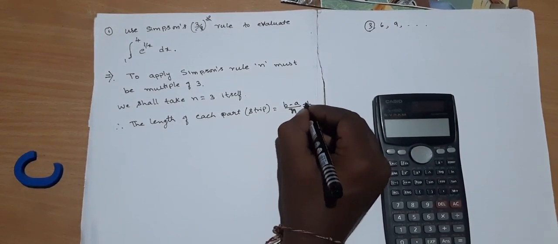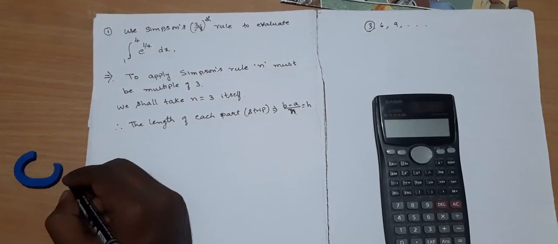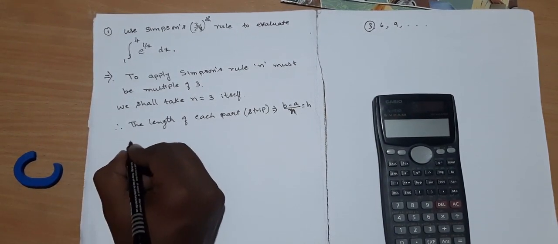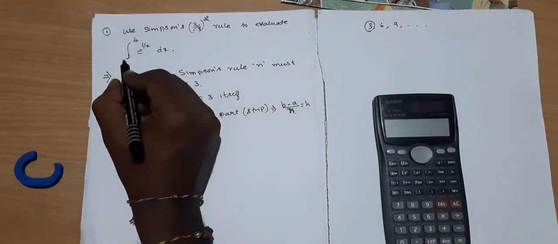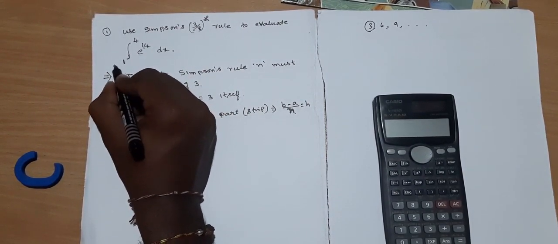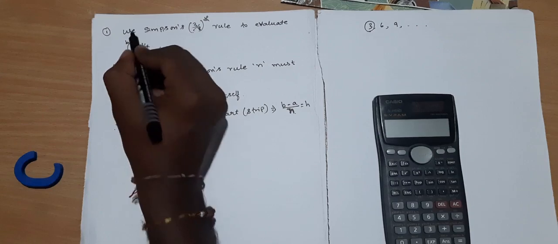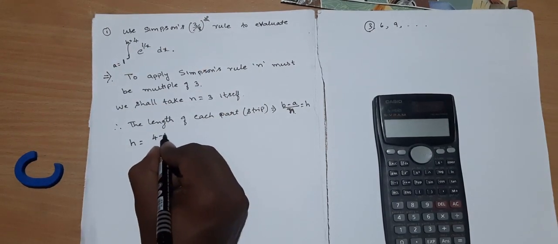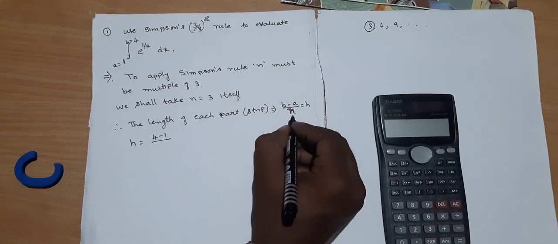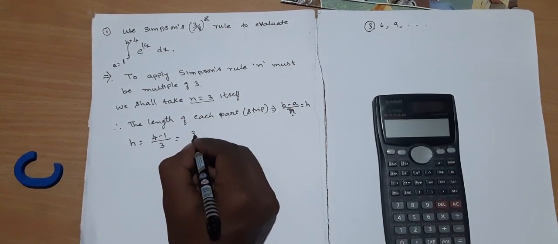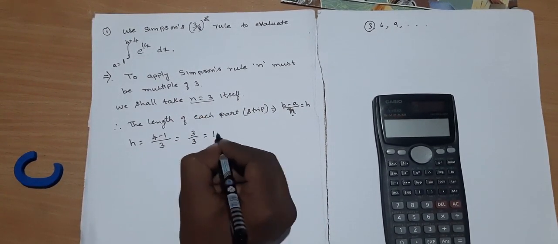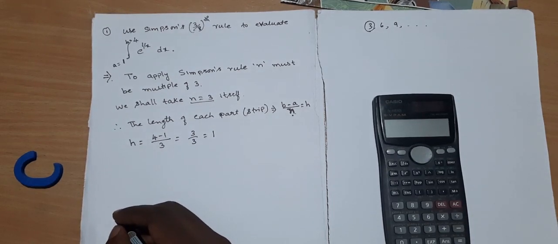So h equals, what is a here? a is 1 and b is 4. So 4 minus 1 divided by n, and I have taken n as 3. So 3 by 3, we will get h value is 1.